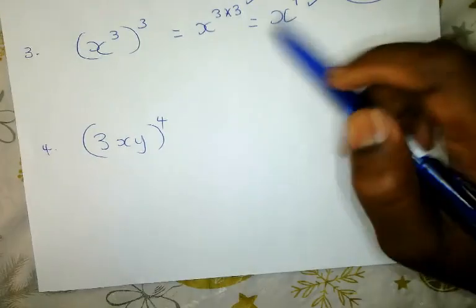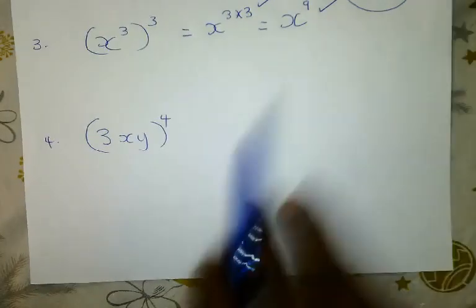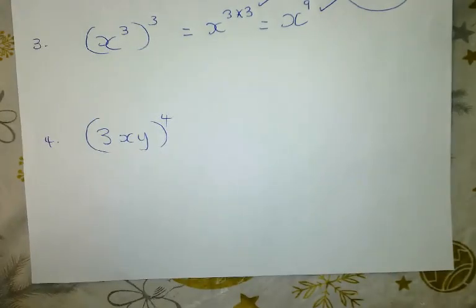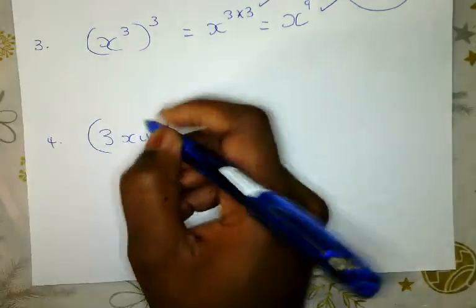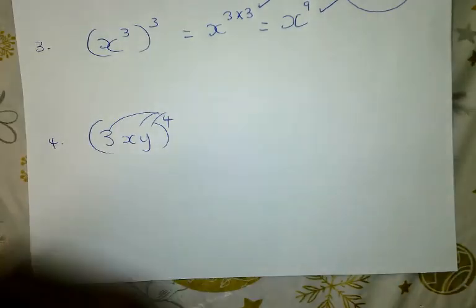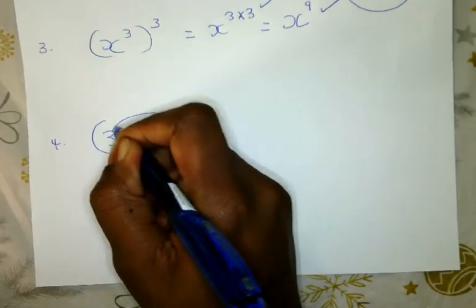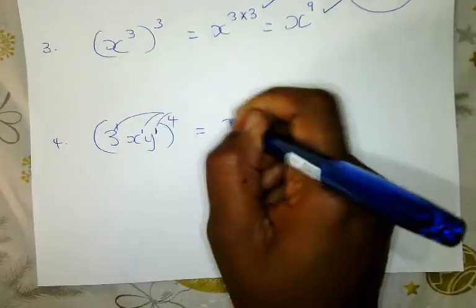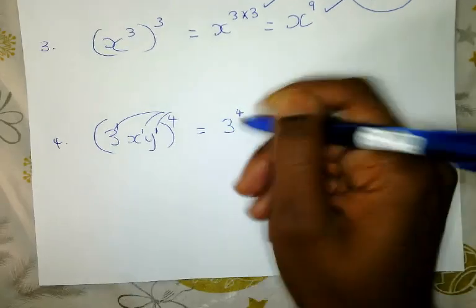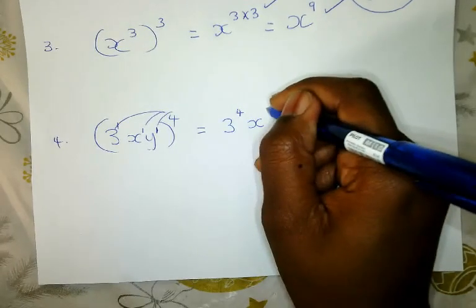Okay, let's look at this one. What are we going to do there? Distribute the 4, right? Everything inside, we're going to multiply with 4. What is the exponent for each base? 1, 1. So what will be the answer? 3 to the 4, x to the 4, y to the 4.